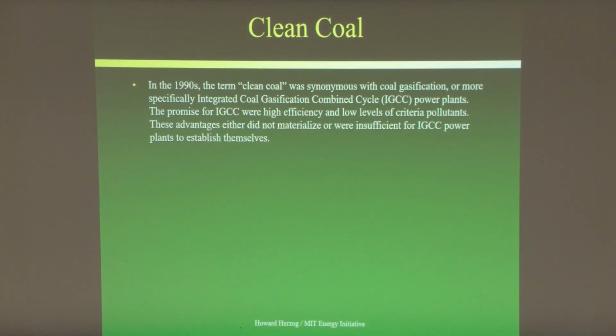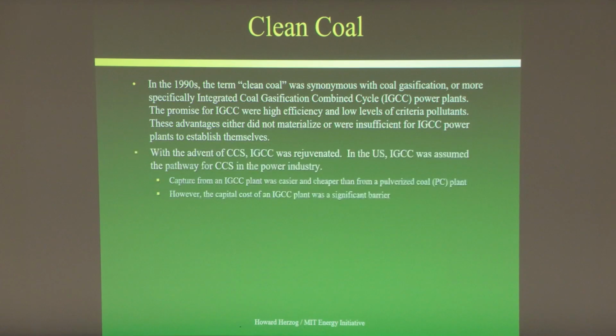But what happened originally was the efficiency improvements never came, because on paper they looked good, but plants weren't operable, and they had to back off on the efficiency improvements in order to get the plants to have high capacity factors.